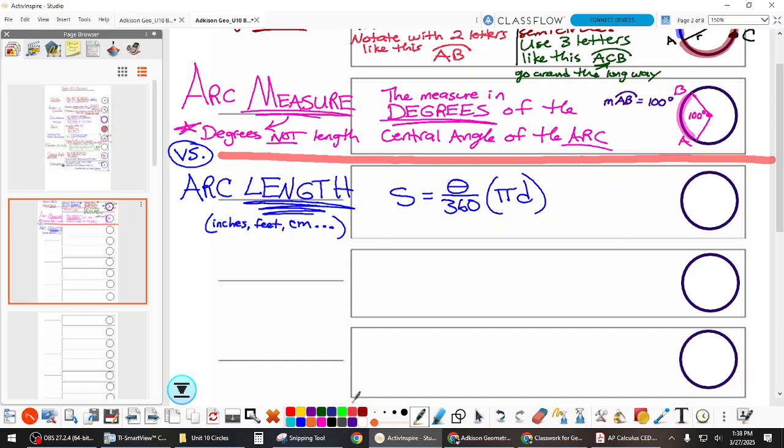This time I do want to tell you what these are. So S is arc length. Strangely, theta is the central angle. And then this is the circumference.